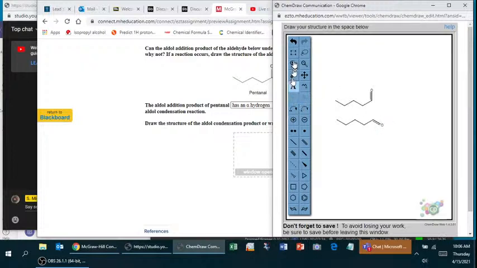So the aldol addition connects this alpha carbon here to the carbonyl carbon.